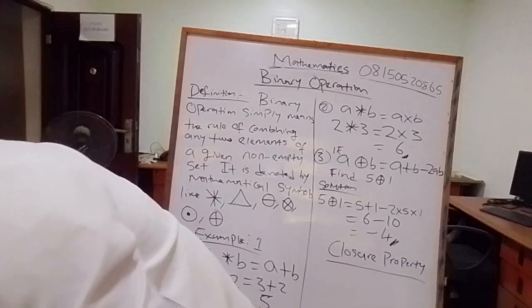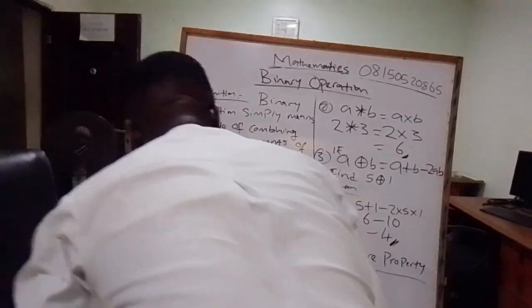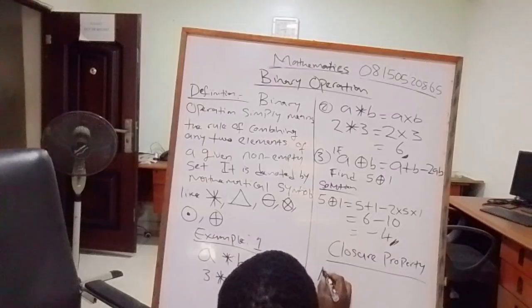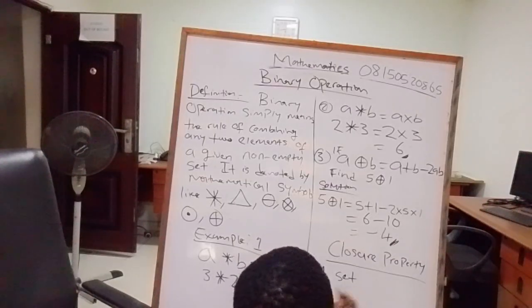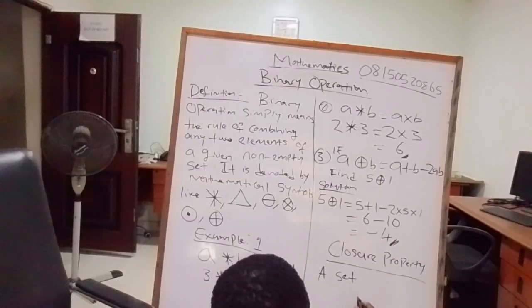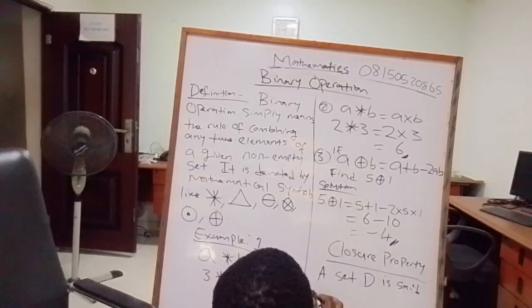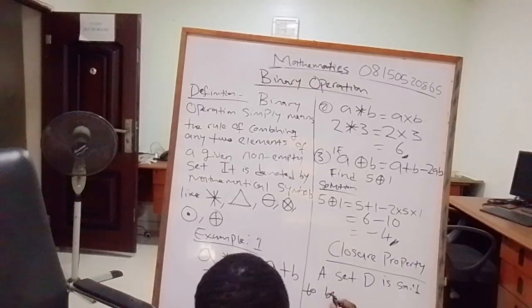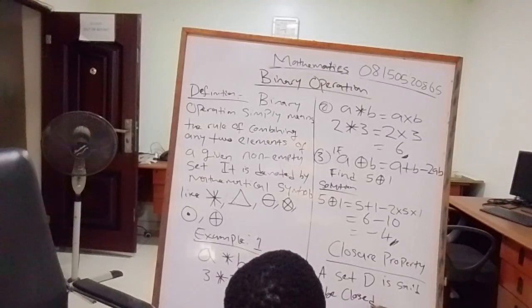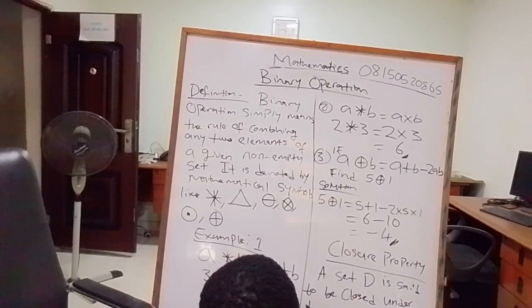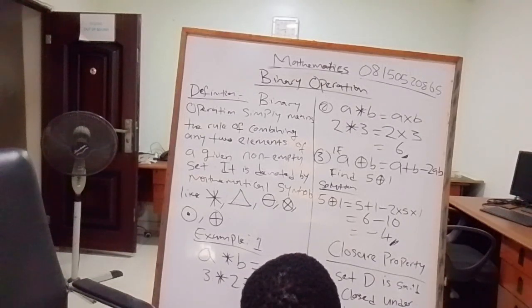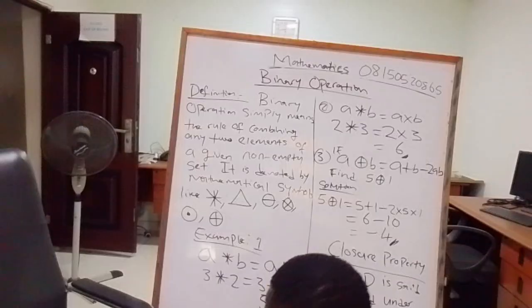Sorry, permit me to stand up and write this for you. So a set D, let's use D, is said to be closed under the binary operation. Let me rub this place off.